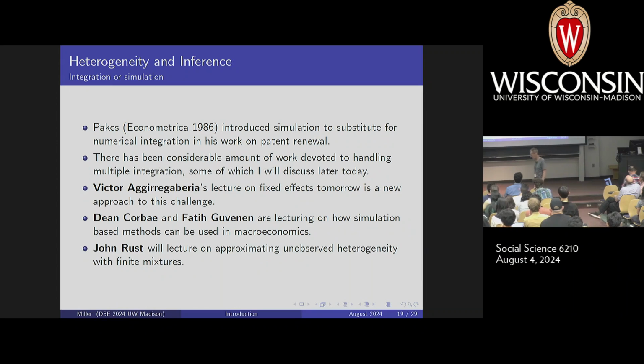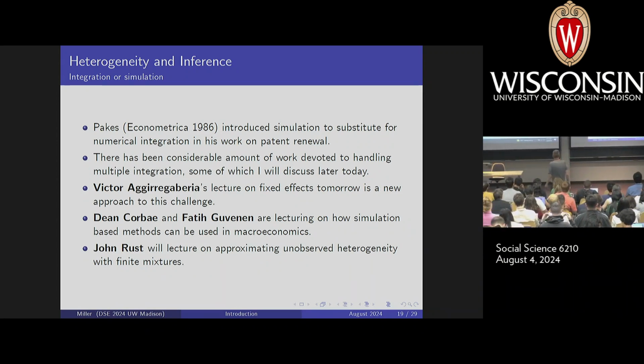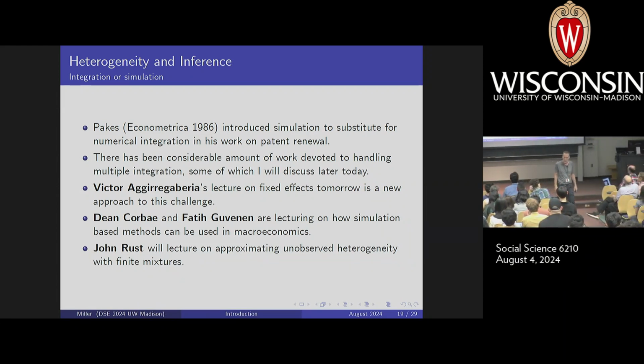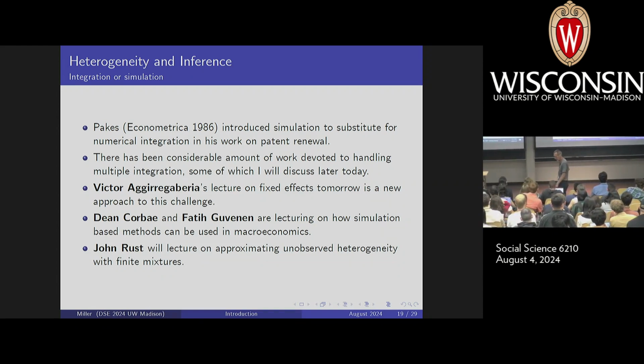Well, we ran into some problems pretty quick. Ariel said, oh, look at all those integration signs. Why don't we do simulation instead? Okay? And so if you look at his patent paper, you can see that he introduced simulations to do the multiple integration. Okay?